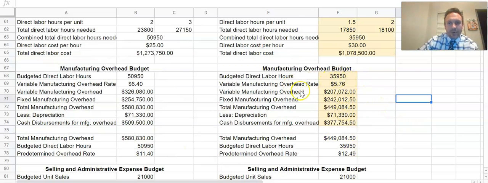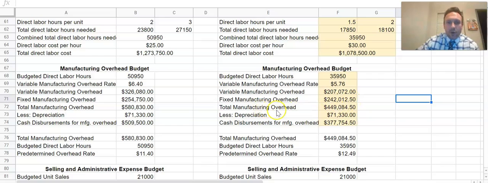We also have an adjustment when it comes to the budgeted direct labor hours from the section above. And then, as identified in the problem, the variable manufacturing overhead rate is decreased, as well as the fixed manufacturing overhead rate is decreased.